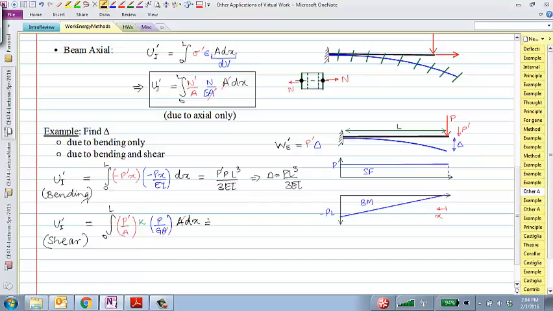And what we get is that this is equal to P prime P kappa divided by GA. And there's really nothing inside the integral, so it just becomes L, which implies that delta would be PL cubed over 3 EI from the bending component plus P kappa L over GA.